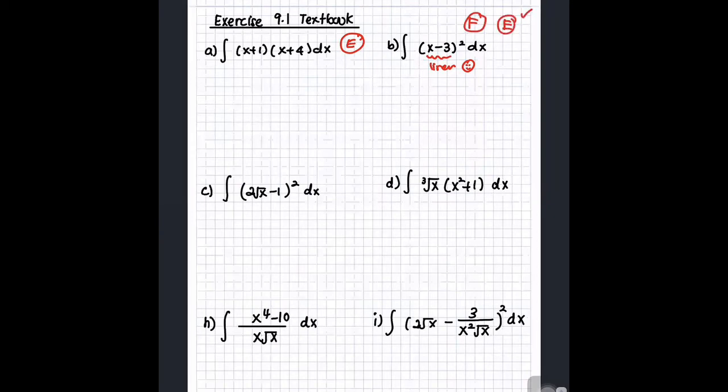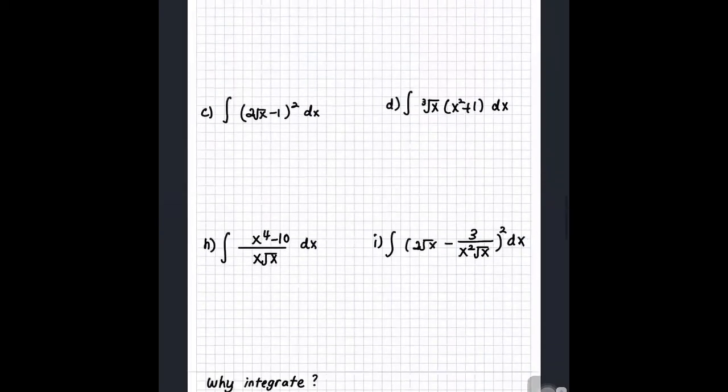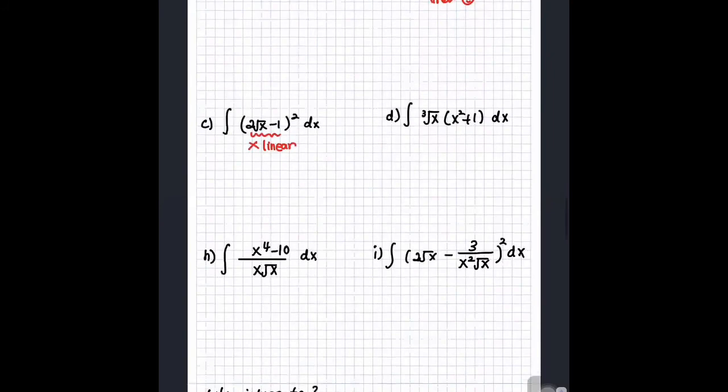Okay, next, let's ask Carmen. Carmen, what is the technique you are using here? Expansion. Very good. You expand. Good job. Now D. Ivy, what is the technique we are using for D? Expansion also. Yes, it is still expansion.